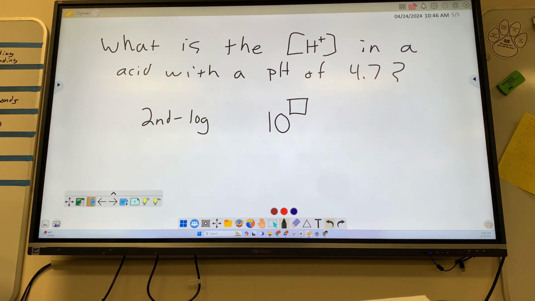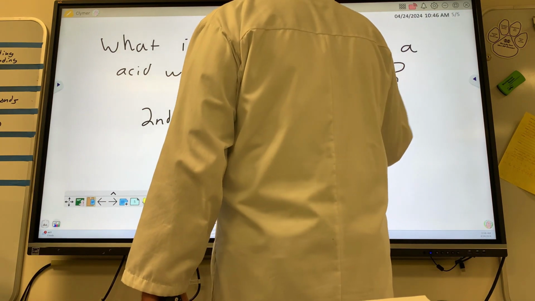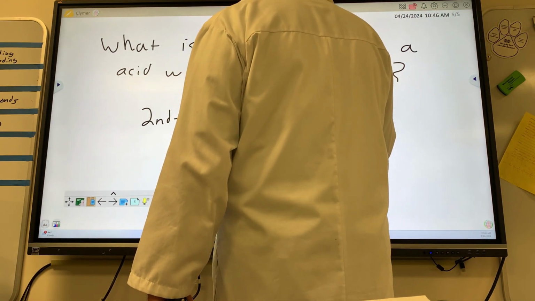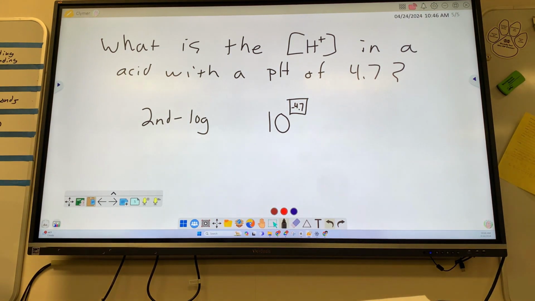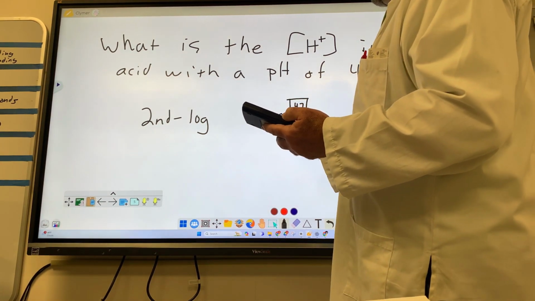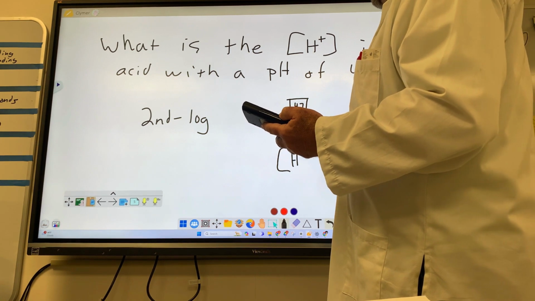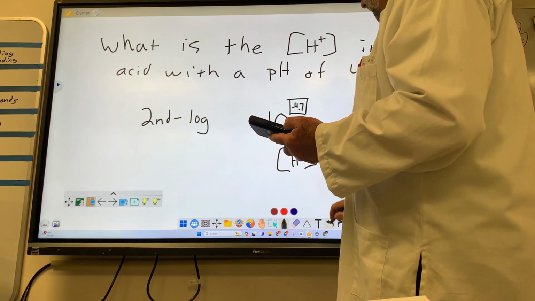And in that box, you literally just put the negative pH. And you get some number. I'm going to round this up.